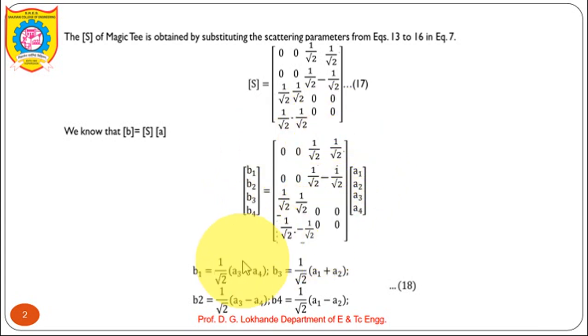Based on that, we get the equations: B1 is equal to 1 by root 2 in a bracket A3 plus A4; B2 is equal to 1 by root 2 in a bracket A3 minus A4; B3 is equal to 1 by root 2 in a bracket A1 plus A2; B4 is equal to 1 by root 2 in a bracket A1 minus A2. These are the important equations, and on the basis of that we will go for the different cases.